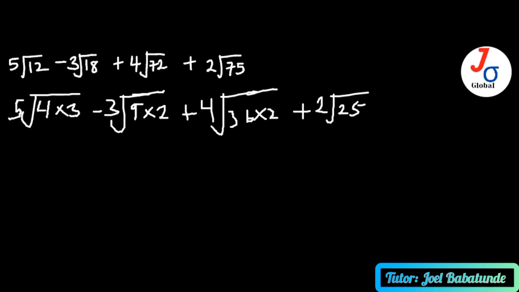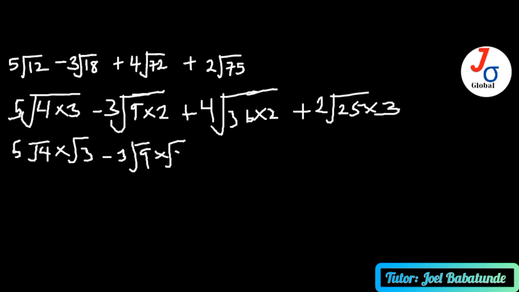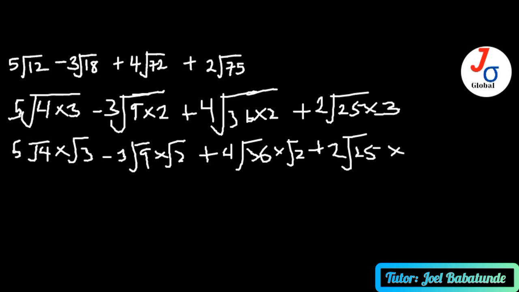25 times 3. Okay, so I have 5 root 4 multiplied by root 3, minus 3 root 9 multiplied by root 2, then plus 4 root 36 multiplied by root 2, then plus 2 root 25 multiplied by root 3.